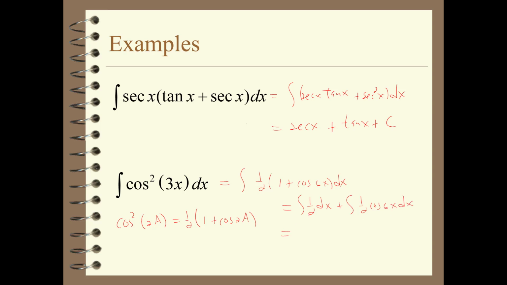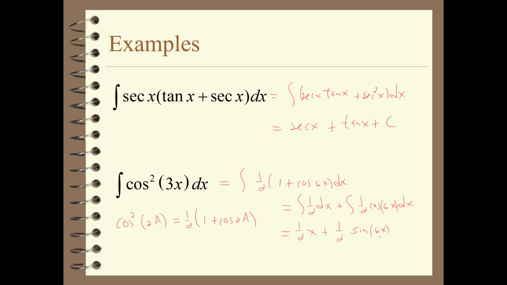So the antiderivative of a constant is the constant times x. You then have plus 1/2. Now, to find the antiderivative of cosine of an angle, I need a function whose derivative is the cosine of the angle. That should be the sine of that angle. But if I were to do that, think about the derivative of the sine of 6x.